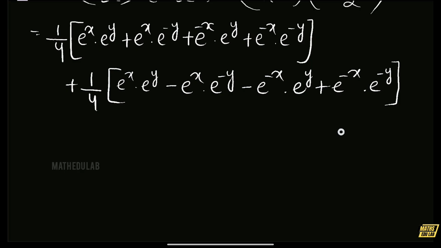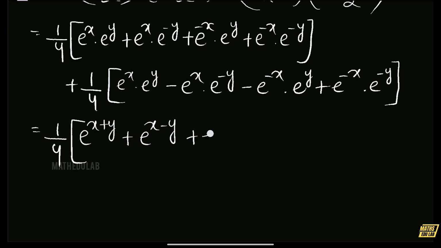So here also we will follow the formula, which is if the bases are the same, we just add the powers, and here we will take the common term 1 by 4, then write it as e to the power x plus y, then e to the power x minus y plus e to the power minus x plus y, and then plus e to the power minus x minus y.